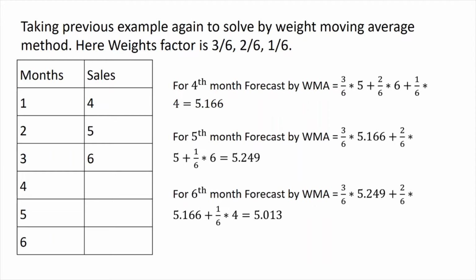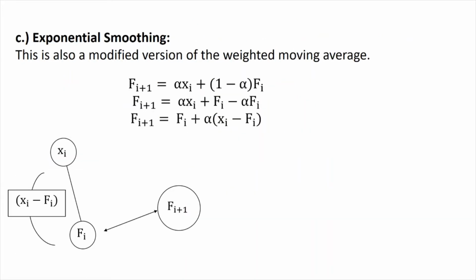So put all values in the formula and we find the 4th month forecast. It will be 5.166. Same for the 5th month forecast and the 6th month forecast.